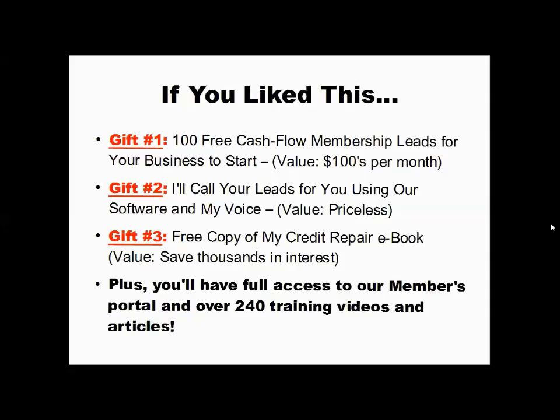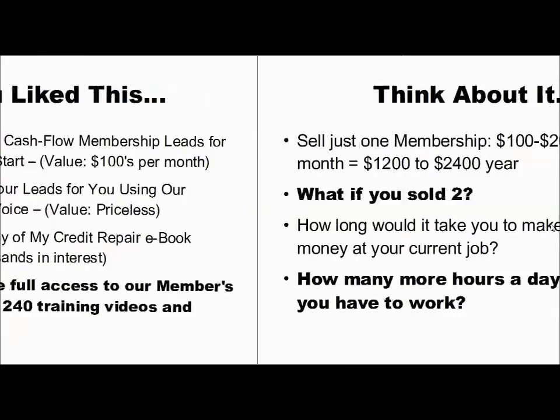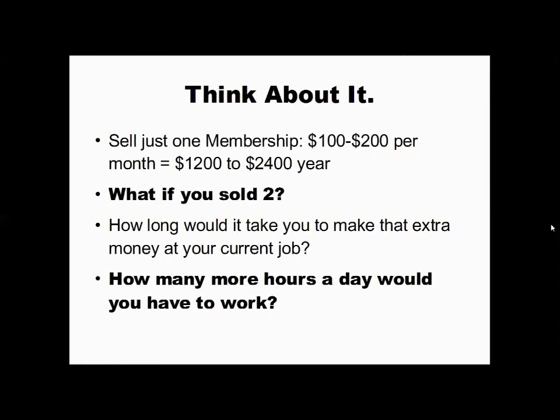And so you'll have full access to our members portal and over 240 training videos and articles that will teach you lease options, how to get the big deals where you split $3,000 deals on up to $25,000, and also how to sell our membership. Just one membership, of course, the commission for you would be anywhere from $100 to $200 per month.